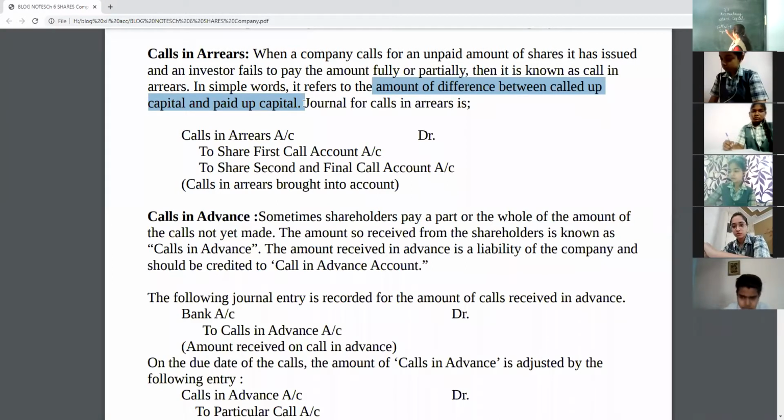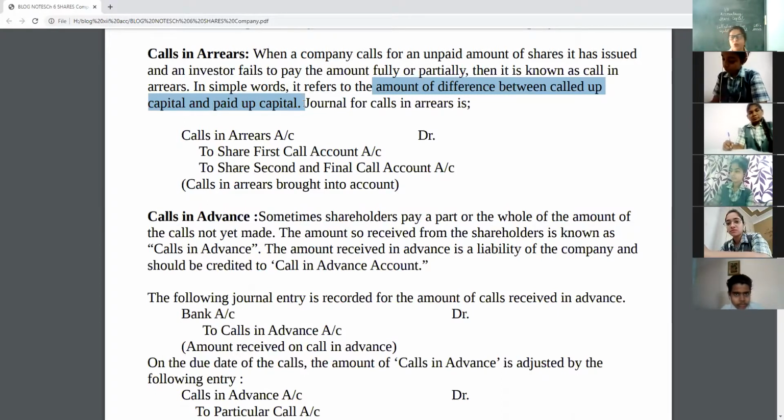Borrowed capital minus paid up capital. That will also be in this. This is the formula in the fill in the blank.